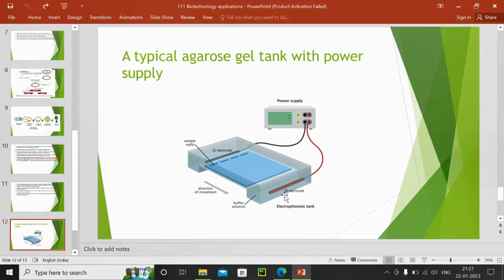The positively charged electrode is called the anode, because anions, which are negatively charged molecules, move towards the electrode which is positively charged. Therefore the gel acts as a sieving matrix.